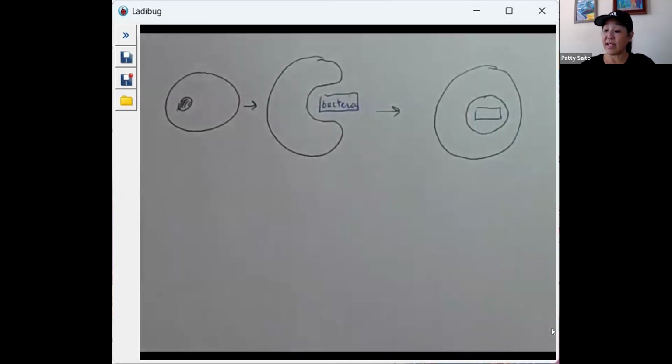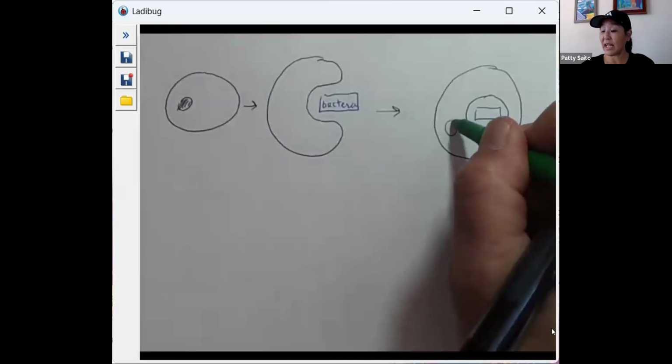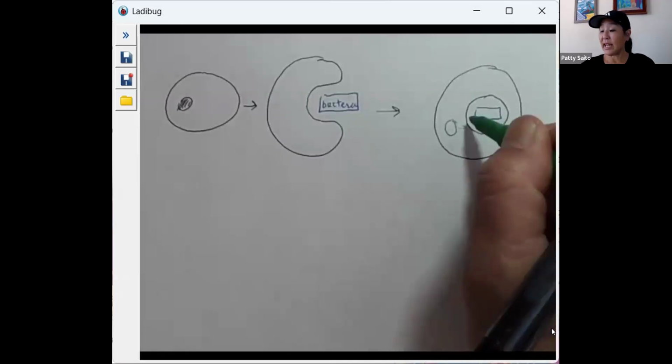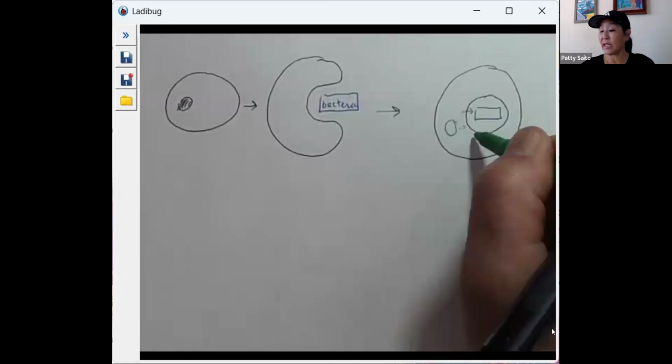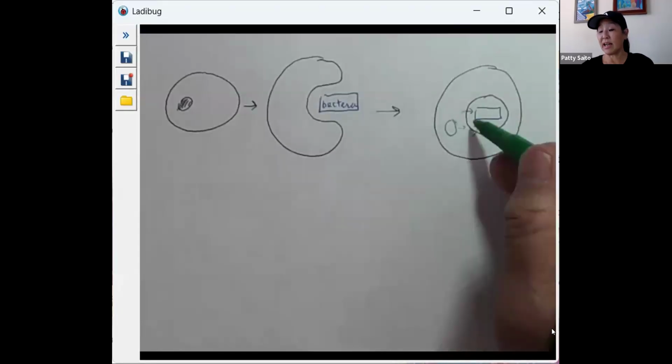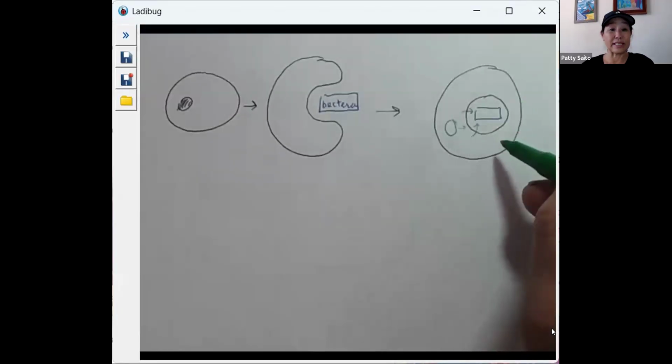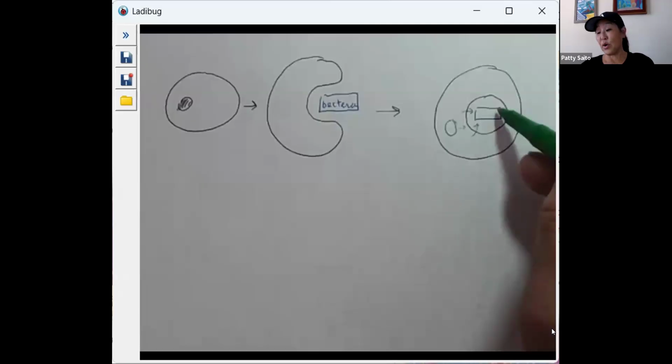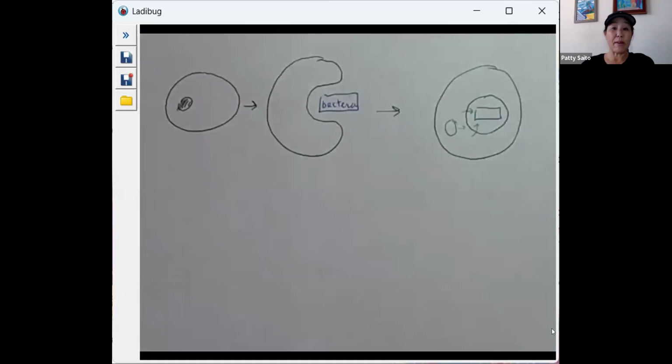We have other organelles called lysosomes that can come over and empty their contents into this new little vesicle, and then destroy the bacteria. But notice how the membrane is fluid. It's able to extend and wrap around it.